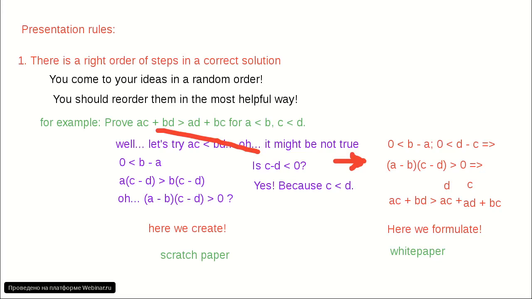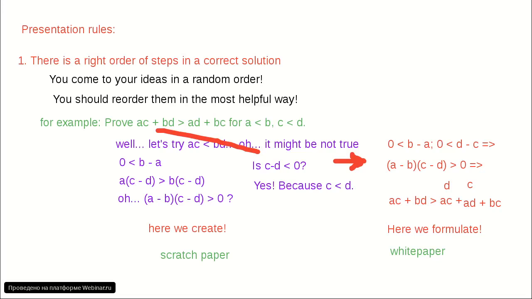So if you write down this solution in an opposite way, it would also be okay. But it's not the same as writing down all these steps in a random order with different pieces in different places. So it's not a good way to write down a solution.